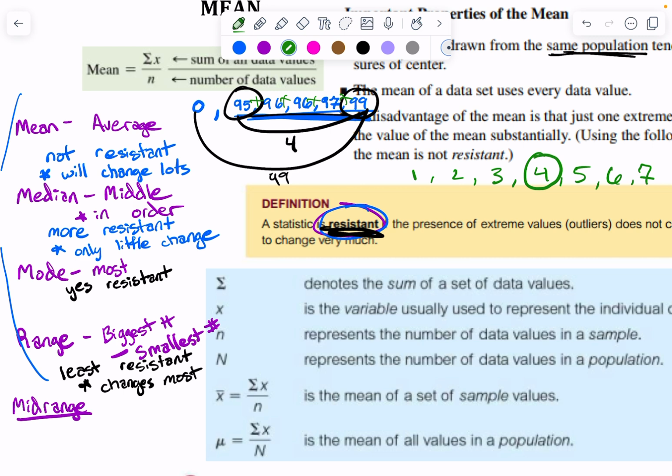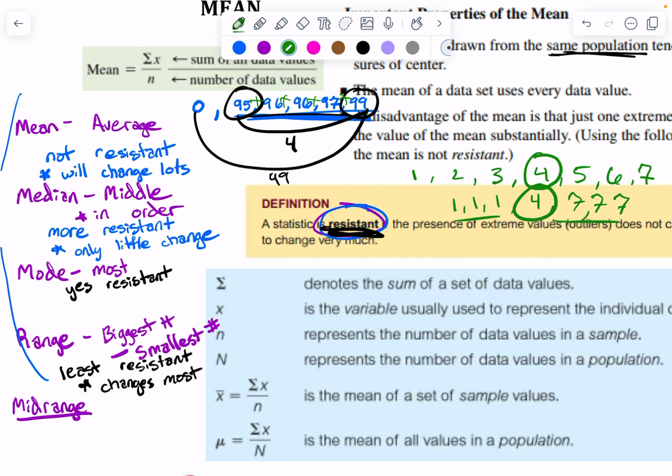Versus what if I had a data set that was 1, 1, 1, 4, 7, 7, 7? What's the median there? Still that number. So a median doesn't really take into consideration every data value. It's just making sure that that number is in the middle, right?